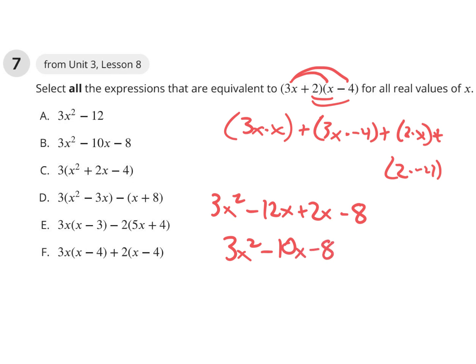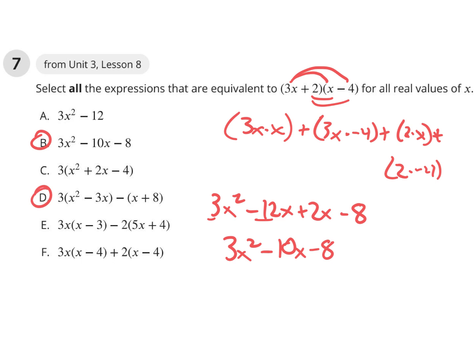Now, let's see which ones are alike. B is alike. D. If I take the 3 out of here, this one is alike.